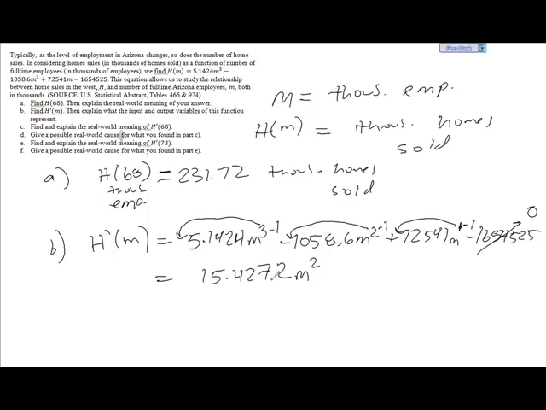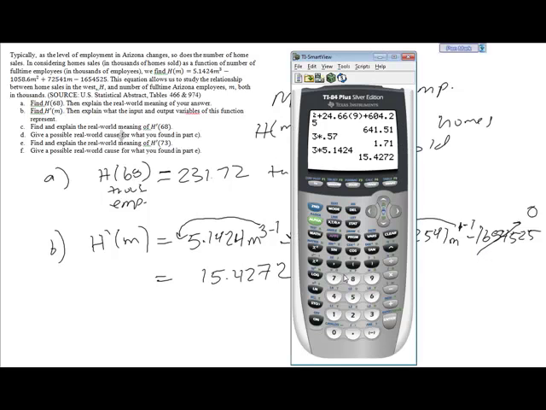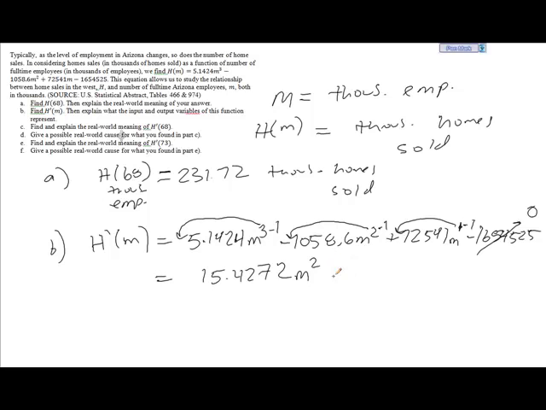We have a 5, then a negative 7,000, then a 72,000, and a negative 1,654,000. So the numbers are all over the place. So I just want to make sure I round carefully and stay consistent.